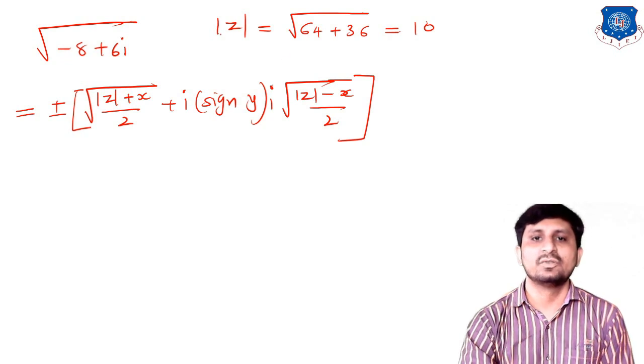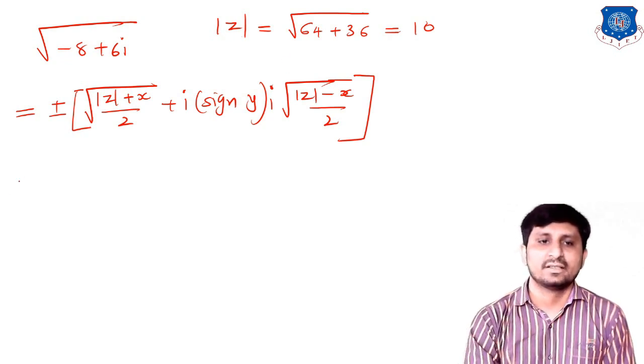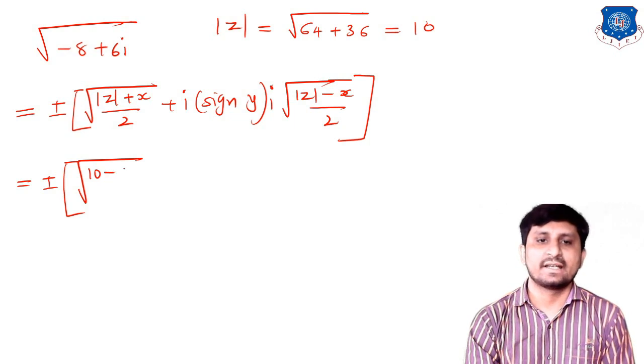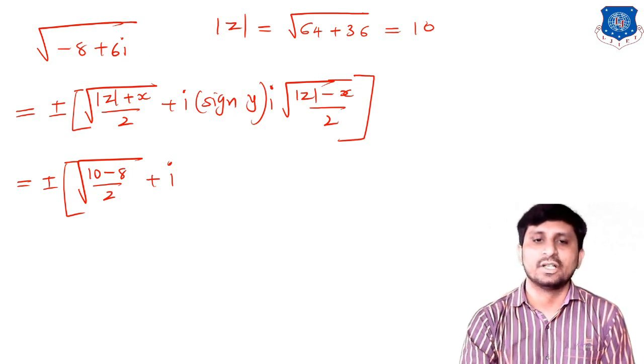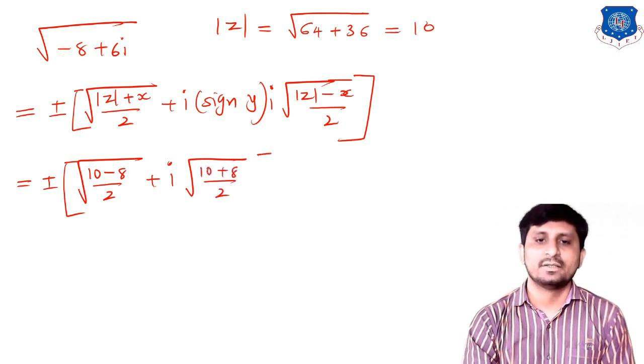So put the value of mod z, that is 10, so plus or minus square root of 10, x is minus 8, so 10 minus 8 divided by 2, plus i, here sign of y is 6, positive, so positive sign, square root of 10 plus 8 divided by 2.